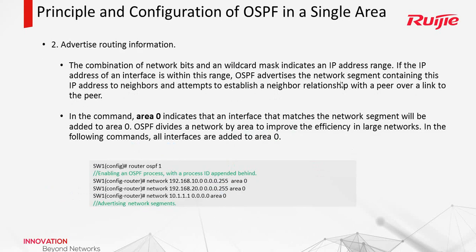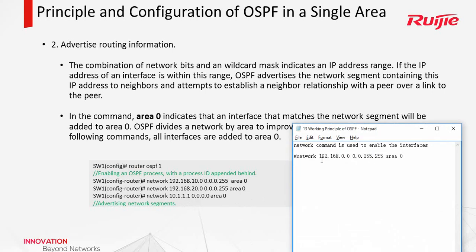Here we can see more information. We have 3 interfaces, so 3 subnets. We use network with the 3 subnets. But if we use this command, think about what happens.